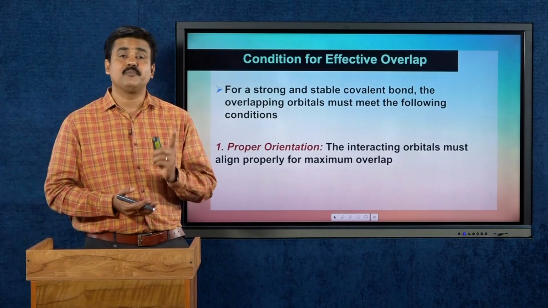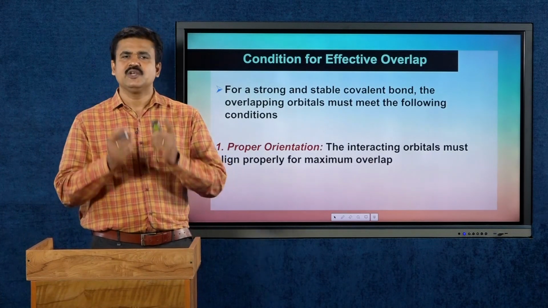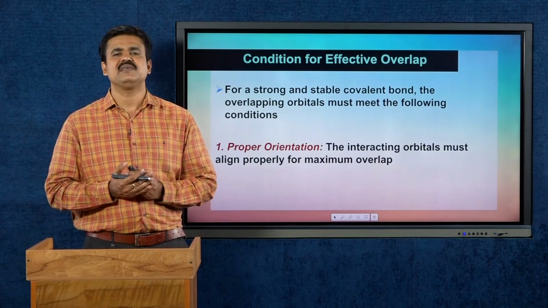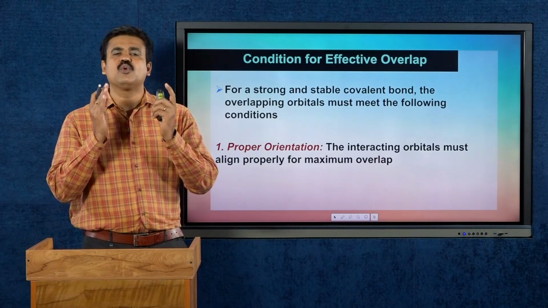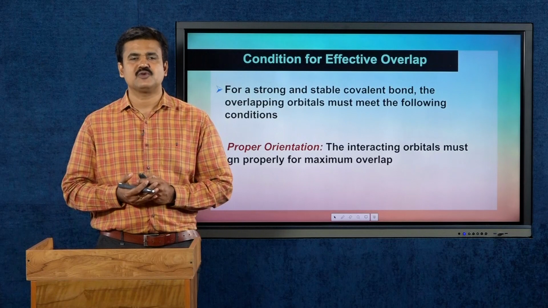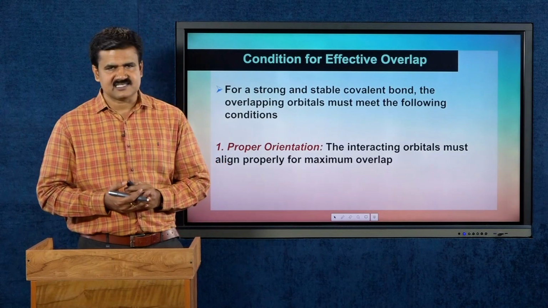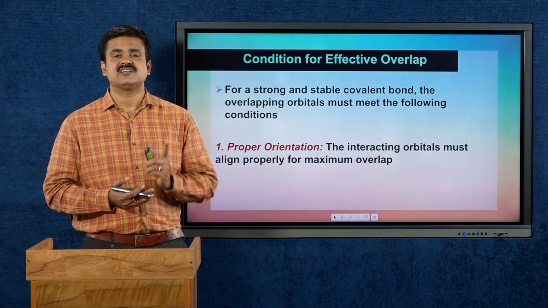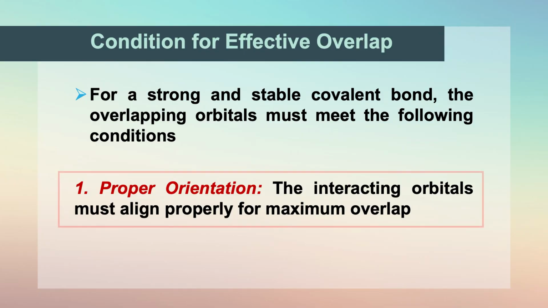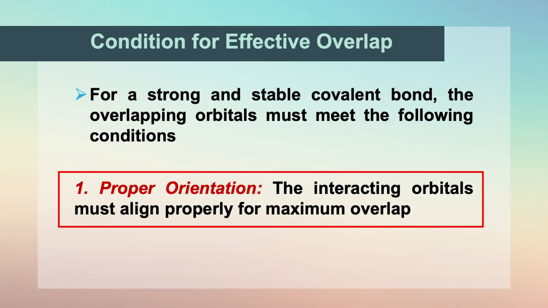First one, proper orientation. In order for the overlap to be more effective, the orientation of the participating atomic orbitals is an important concern. Proper orientation should be ensured. That is, the interacting orbitals must align properly for maximum overlap.